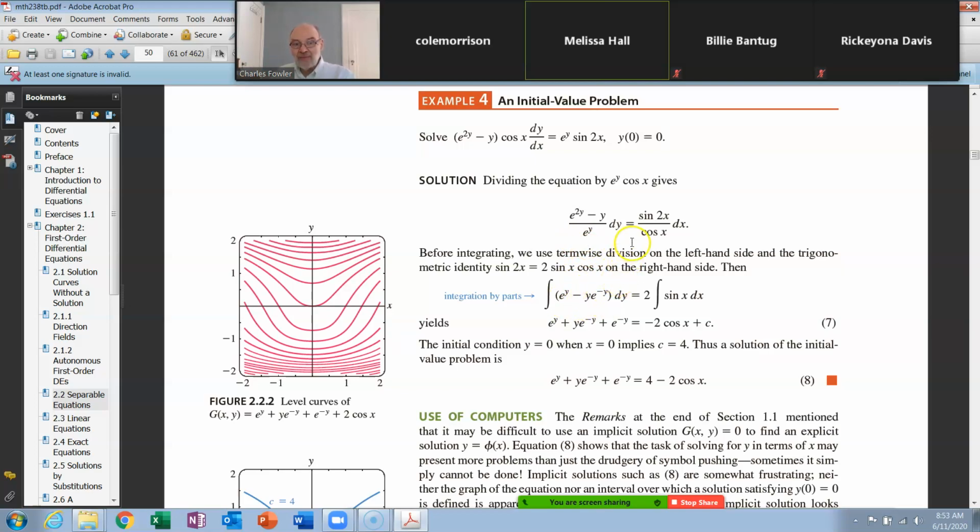And over here, they told you, sine of 2x is 2 times sine x cosine x. Therefore, the cosine x will cancel out the cosine x here, and you just have 2 times the integral of sine x. We've already done this. This gave you e^y. That integration was pretty easy.